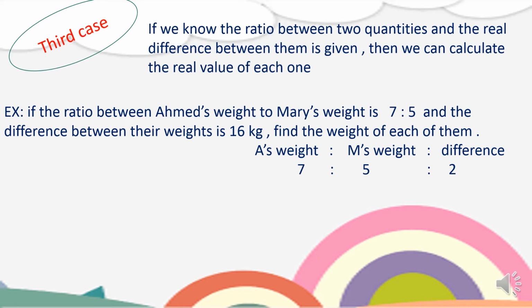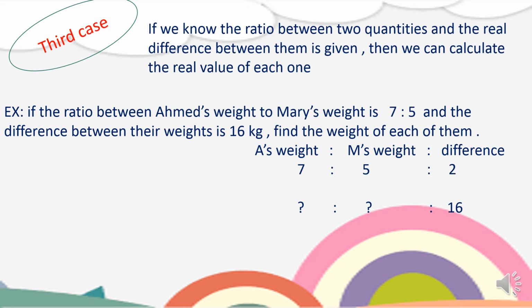Because I subtract the real weights, I subtract the parts of the ratio. So 7 minus 5 equal 2. And I put the real difference under the difference in parts.